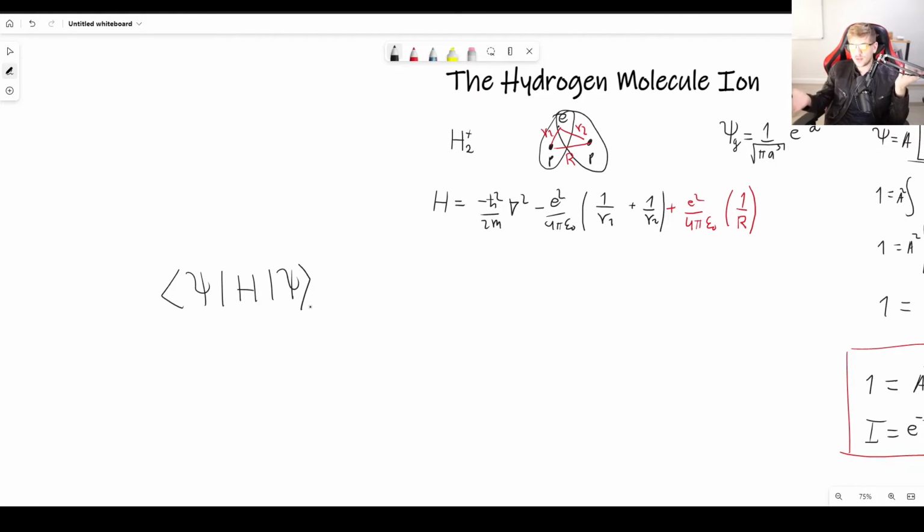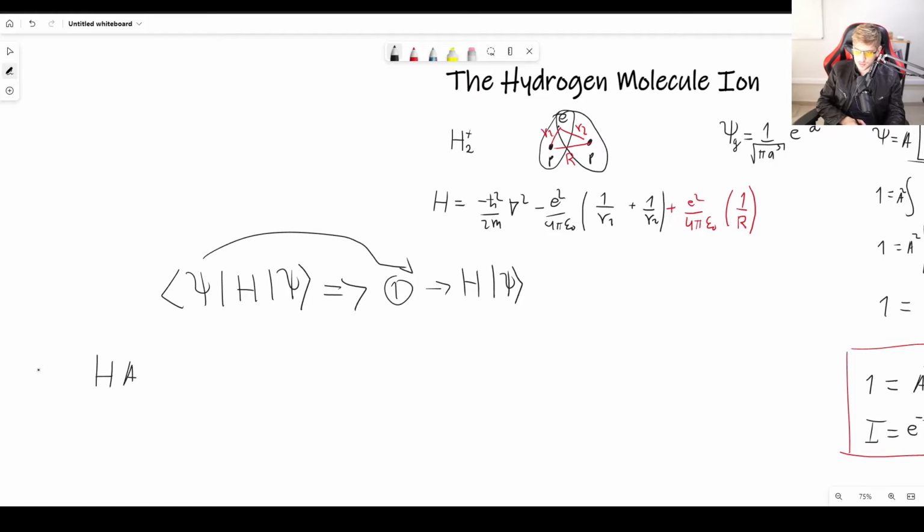Now, because our wave function is quite big, the Hamiltonian is quite big, I don't want to have to write down the entire thing at once. So step number 1, I will simply find h acting on the ket of our wave function. And then I will put the bra in there as well and finish it off, right? So h acting on our system, that will be h times a, so maybe I'll write it like this, h acting on psi.